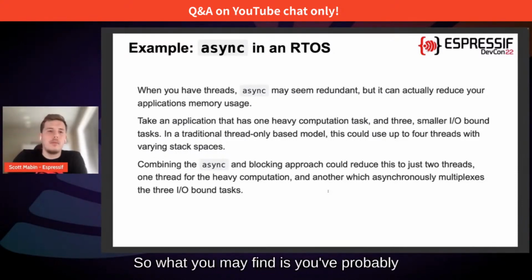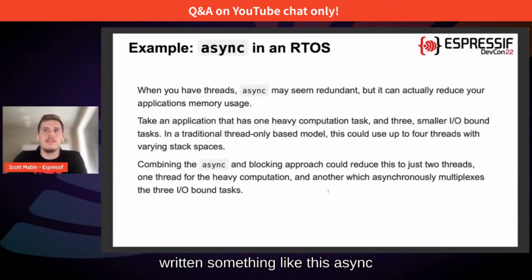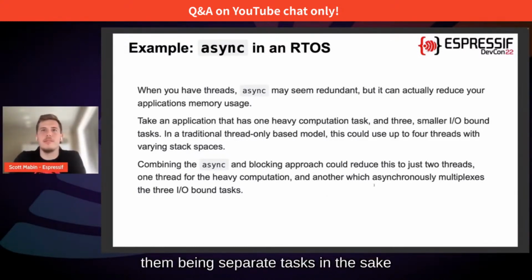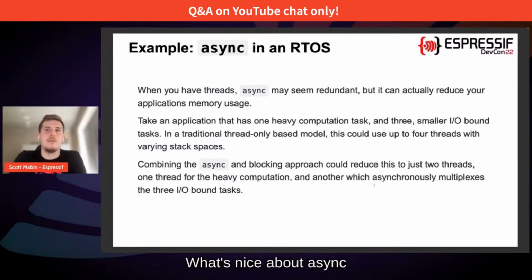So what you may find is you've probably written something like this asynchronous multiplex task, where you just have a util task that checks 3 or 4 different things, as opposed to them being separate tasks, for the sake of saving stack space. What's nice about async is that the compiler writes this state machine for you, which is really cool.